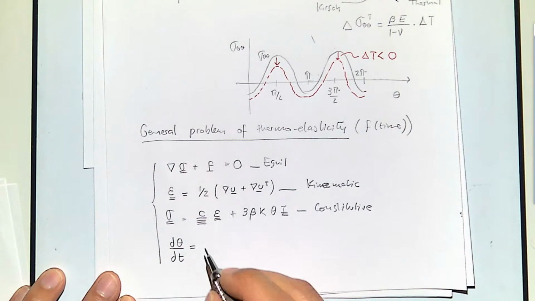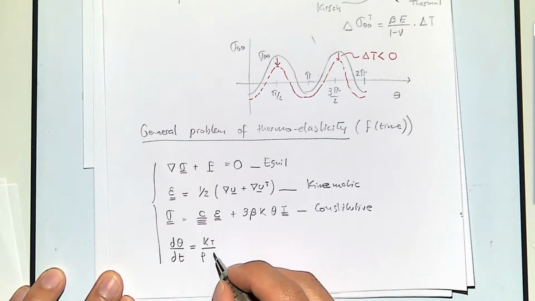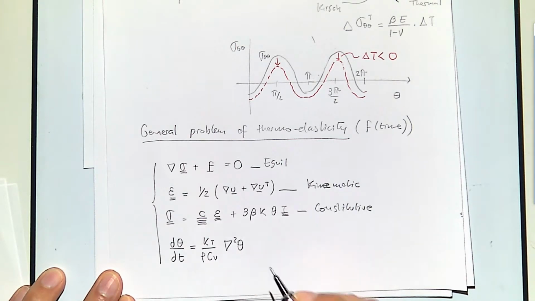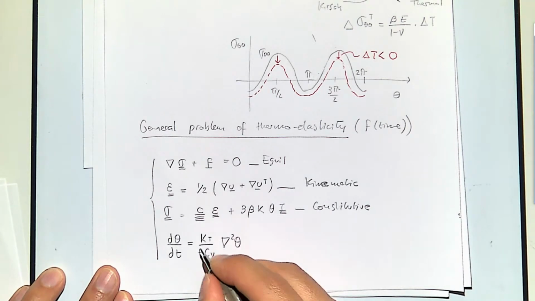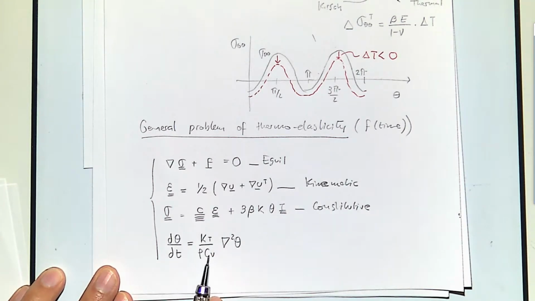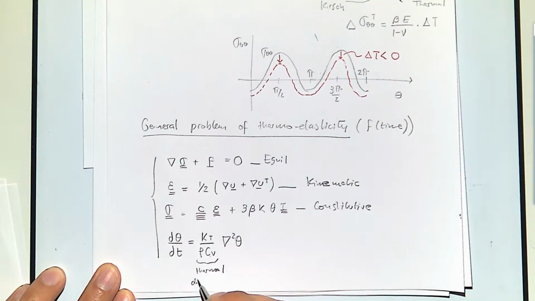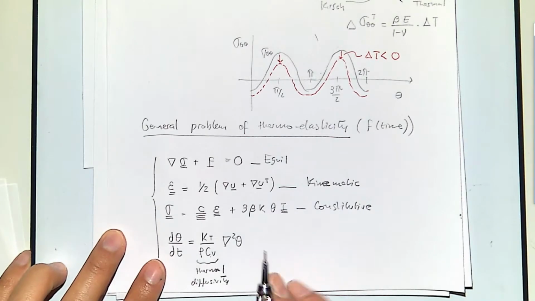It's just a diffusivity equation where now we have the diffusivity of temperature, and the main parameters are thermal conductivity, density, and heat capacity. All of this is what is called thermal diffusivity. You could solve a problem of temperature as a function of time just with this part.